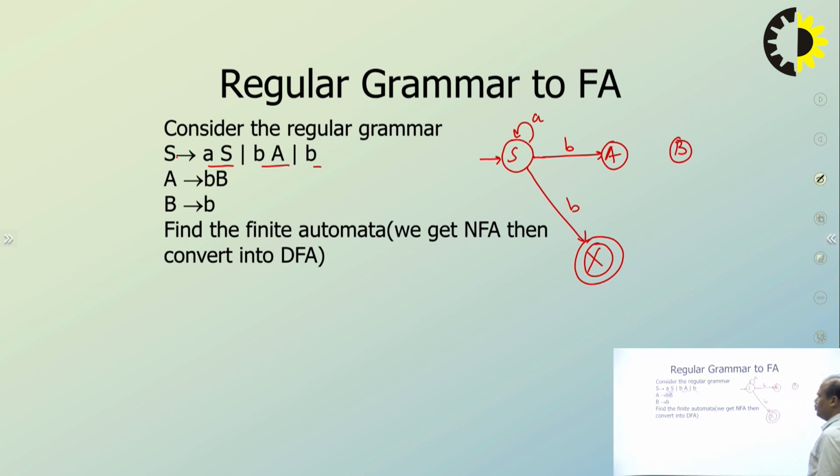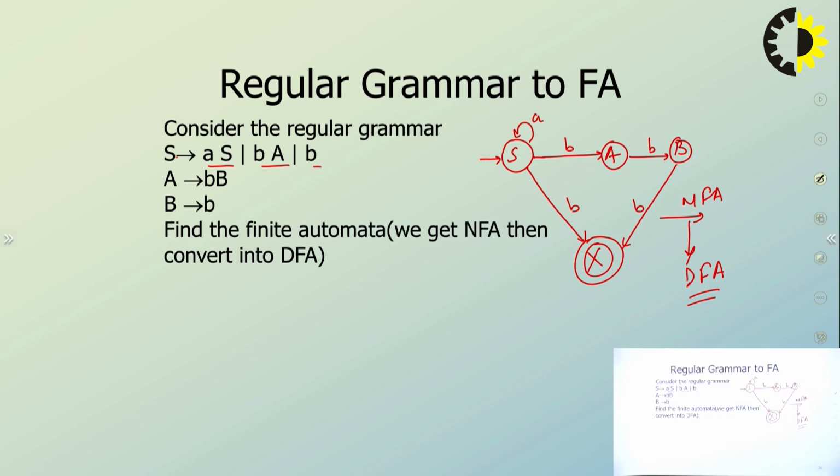This kind of transition where you only get a terminal on the right will lead to the final state. A goes to BB, no problem. B goes to B. So this will be going to here, and there is no transition from the final state. You will see that this will be an NFA, and if somebody is asking to convert into DFA, you have to convert into DFA to get the corresponding DFA from a particular grammar.